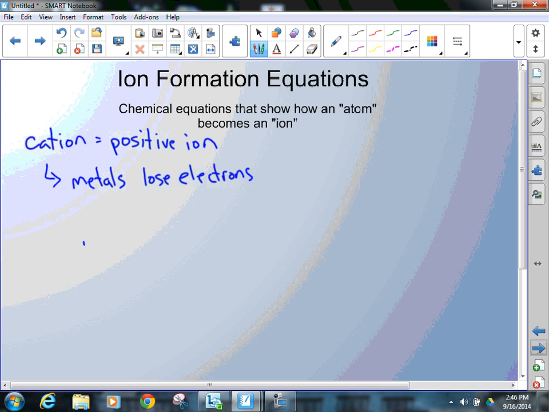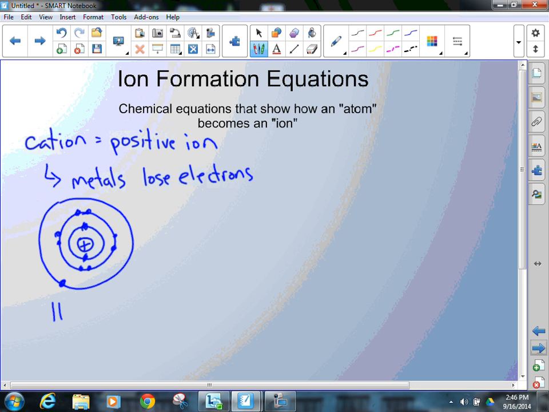So a sodium atom has 11 protons in its nucleus, and it has 11 electrons in its energy levels. So there's 2 in the first level, 8 in the second level. That's a total of 10 electrons. But sodium has 11 electrons, so we have to put one more in this outer level.